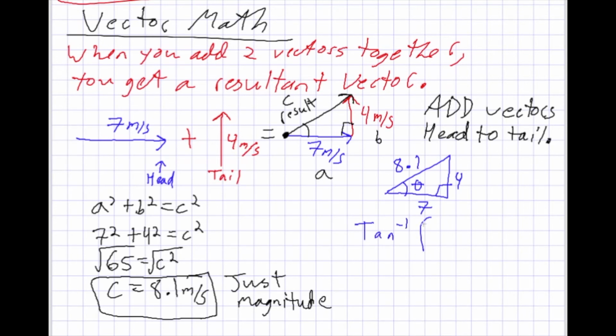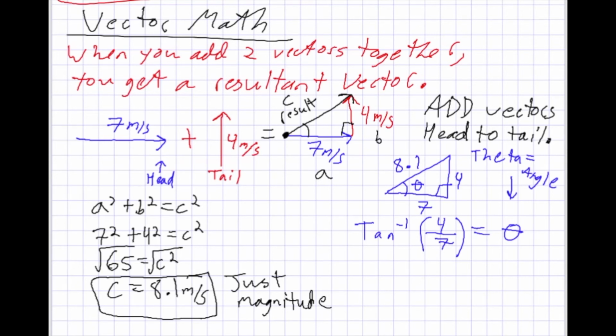So for instance, I would use inverse tangent. And I know that inverse tangent is opposite over adjacent. So if my angle is right here, the opposite is 4, and the adjacent is 7. And this is equal to my angle, theta. And again, this symbol just represents angle, and we call it theta.